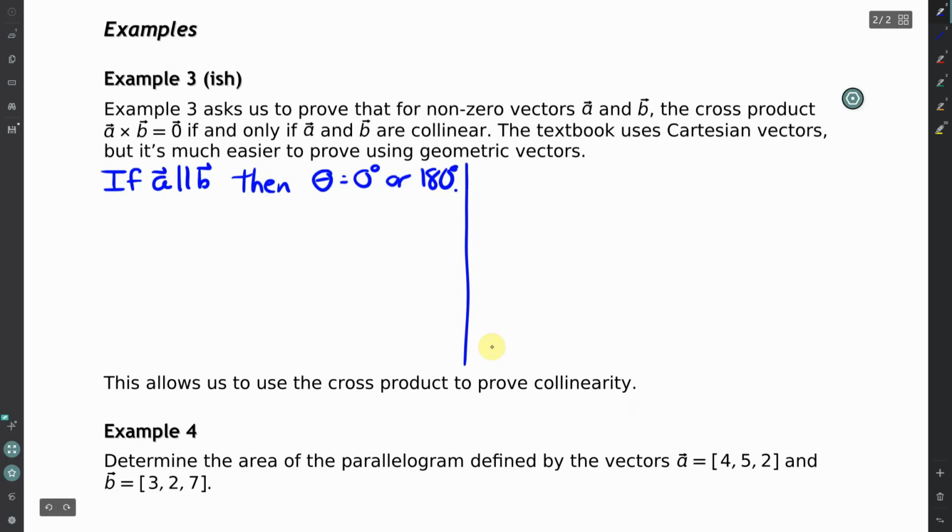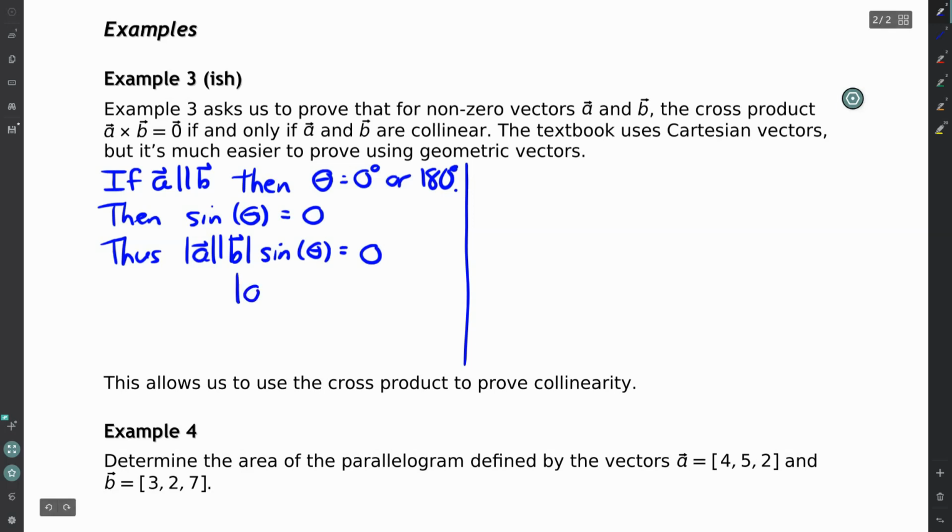That means the sine of the angle between them is 0, because sine of 0 degrees or sine of 180 degrees is 0. And thus, magnitude of A times magnitude of B times sine theta is equal to 0. But that is the magnitude of A cross B is equal to 0.